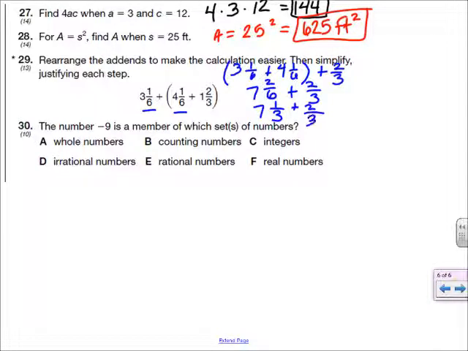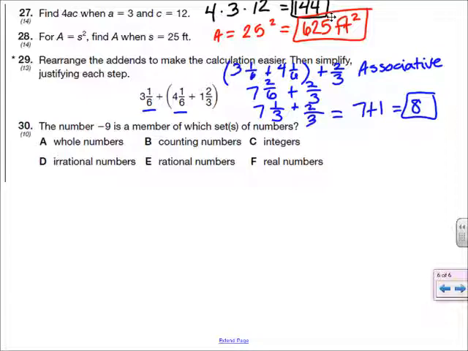And now I have a common denominator again. 7 1/3 plus 2/3. 1/3 plus 2/3 is 1. So I have 7 plus 1 is 8. And up here I was able to switch where the parentheses are by the associative property, which says that the groupings don't matter when you're adding.